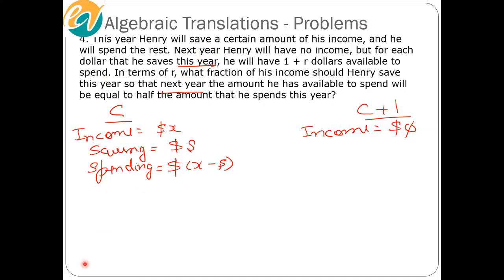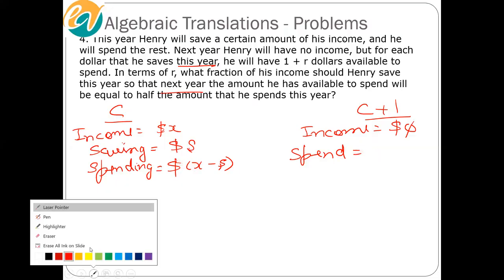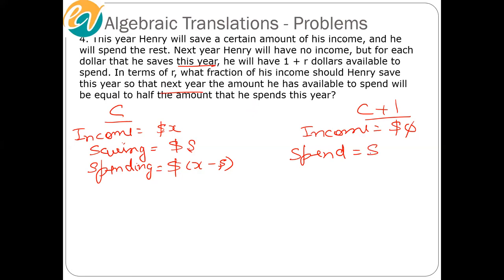So next year, how much would Henry have at his disposal to spend? Again, pure unitary method. For each dollar that he saves, he will have 1 plus R dollars available to spend. So since he saves S dollars this year, how much would he have available to spend next year? S times 1 plus R.